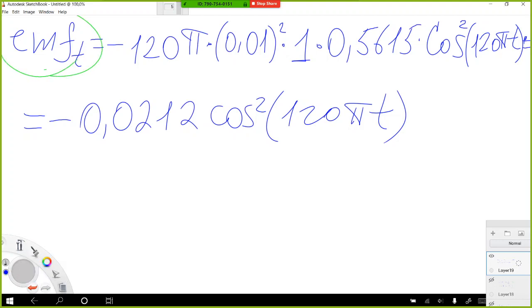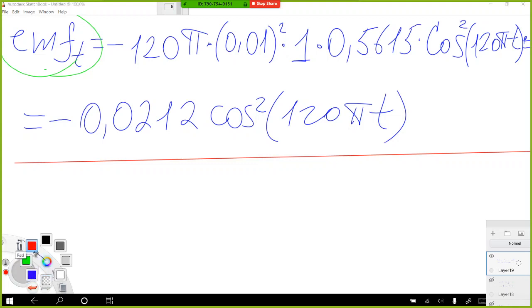Now we need to find electromotive force due to the motion action, or in other words, due to the rotation of our loop.